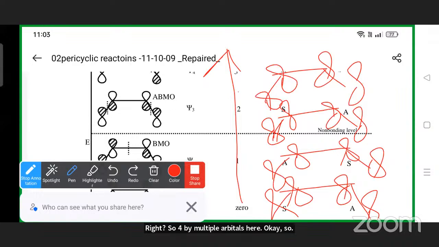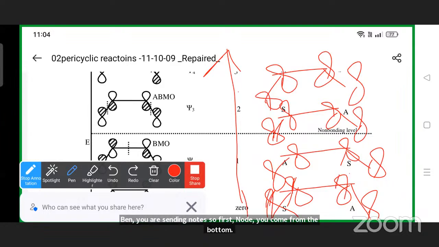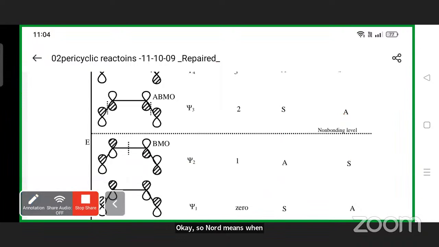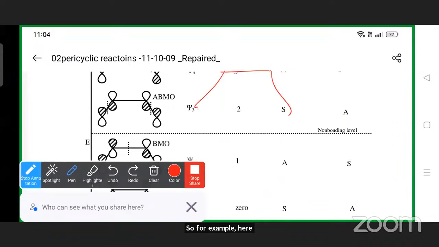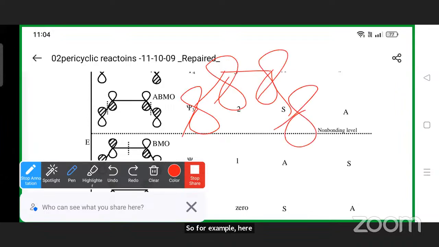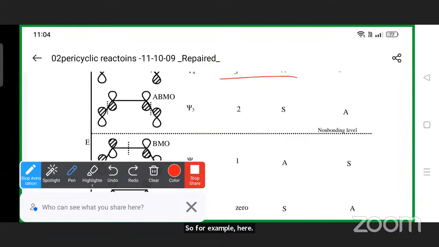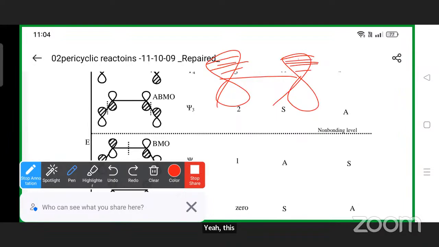Now, when you assign the nodes, you come from the bottom first. Node means, for example, this orbital here: if both lobes are the same, then there is no node, zero nodes.